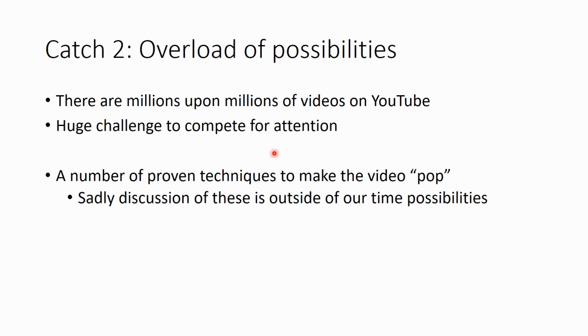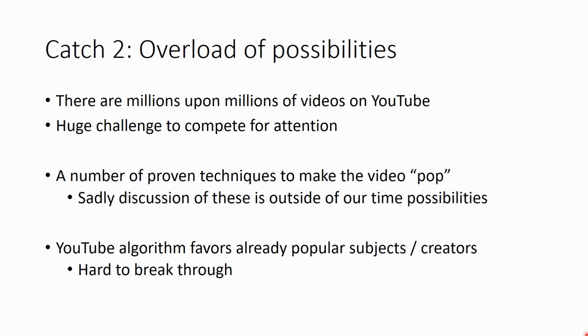Of course, this considers a scenario where you want to reach a global audience, because if you have a class of students and you tell them that they need to watch a video, they will click on it. As we saw, they will not necessarily watch till the end, but at least you can be fairly sure that they click on it. But if you want to reach a global audience, then you need to give a lot of additional effort.